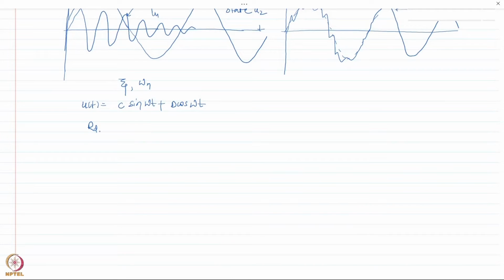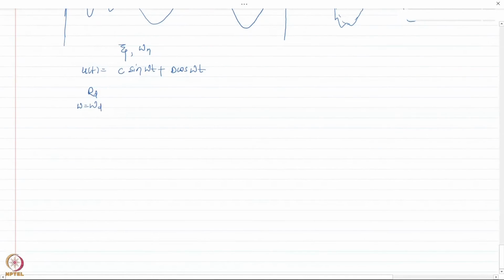So for that case, it was when omega was equal to omega n. That was the case when the response was becoming maximum, and for the undamped case it was getting unbounded, right?